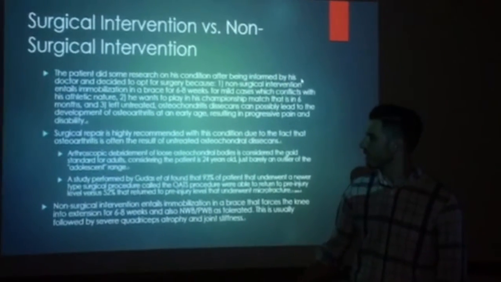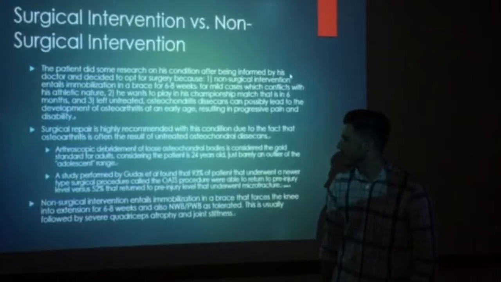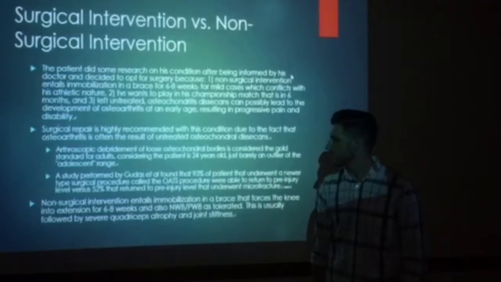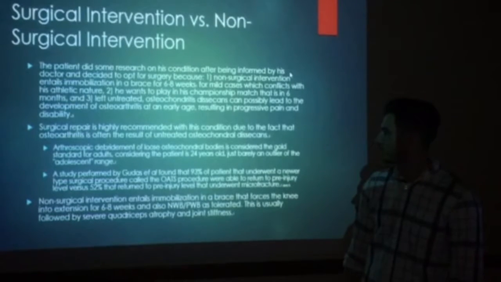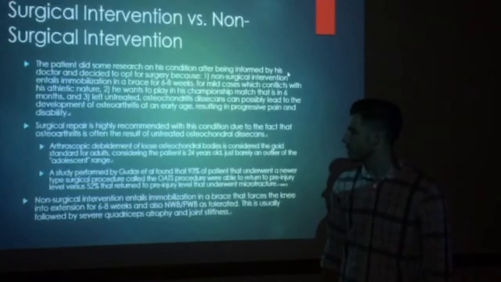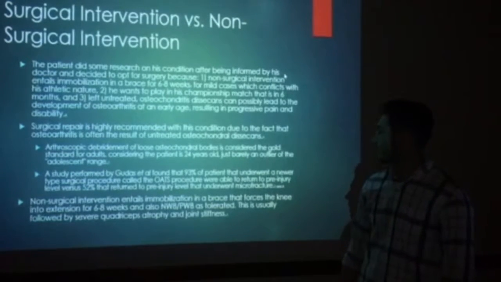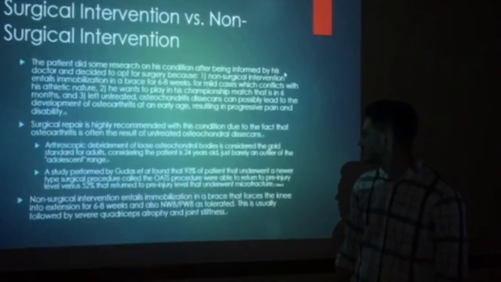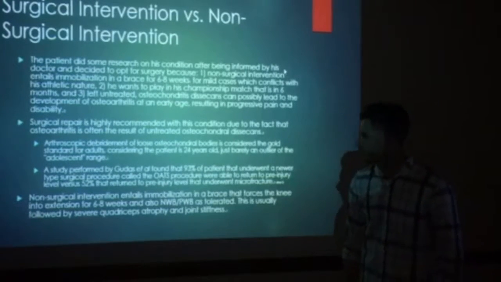Surgical repair is highly recommended with this condition because osteoarthritis is often the result of untreated OCDs. The type of surgical repair he can have is arthroscopic debridement, which gets rid of the loose osteochondral bodies, and it is considered the gold standard for adults.